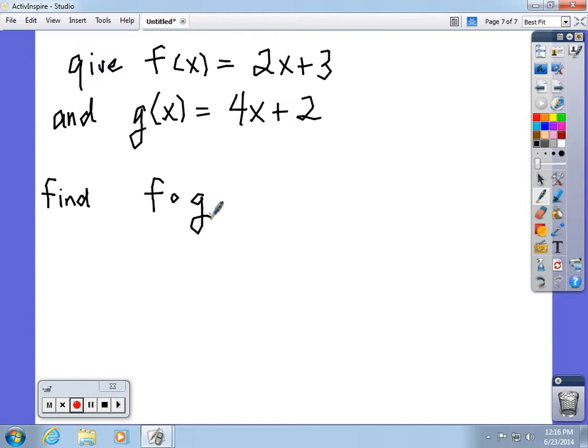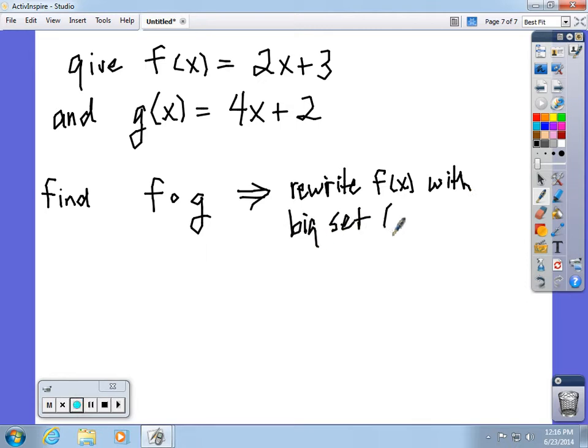Now, what this means, all right, this is Hubert terms. Rewrite f of x with a big set of parentheses for x and plug in g of x.